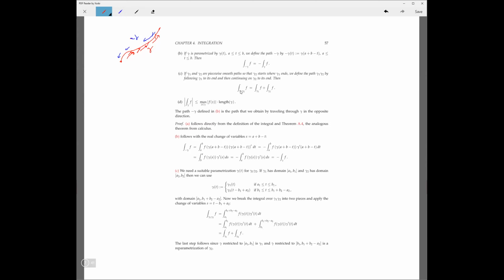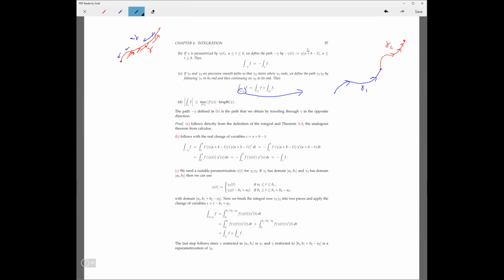And then this property right here. What this means is you've got two paths. Let's say this path from here to here is gamma 1, and then you have gamma 2, which starts right here and goes to there.